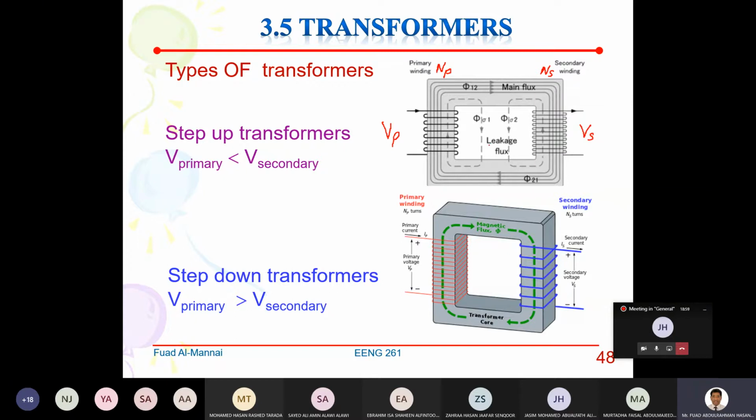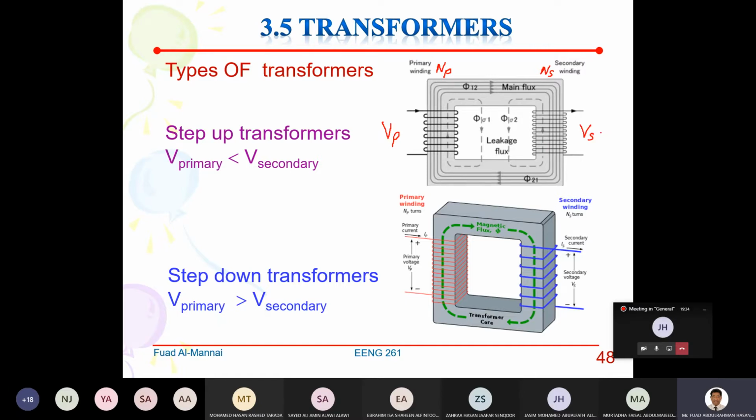Now watch. When the number of windings in the primary is less than the number of windings in the secondary, then the voltage on the primary will be less than the voltage produced at the secondary.